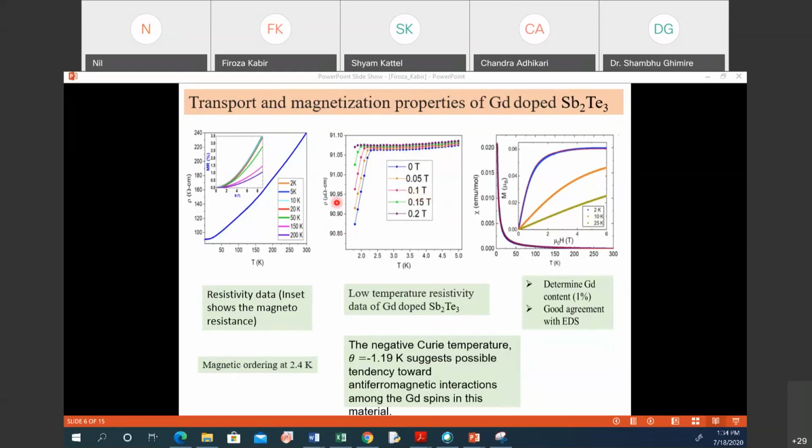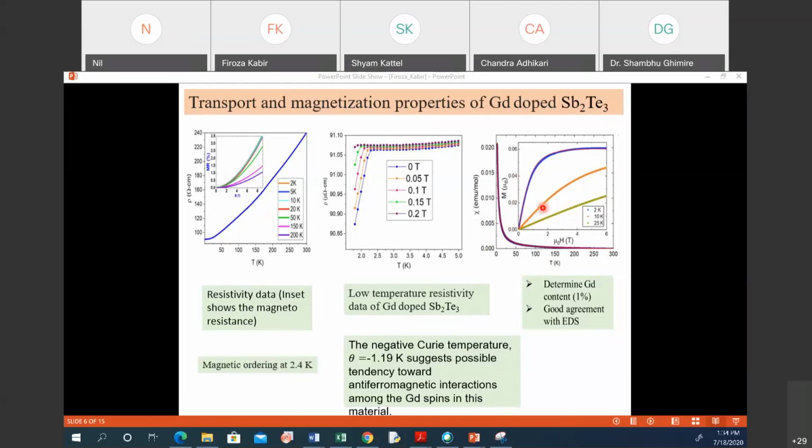We have also used the magnetic measurement together with the EDS, or energy dispersive spectroscopy, studies to determine the level of Gd content in our system. This figure shows the temperature dependence of the magnetic susceptibility with the applied magnetic field parallel to the Z-axis.